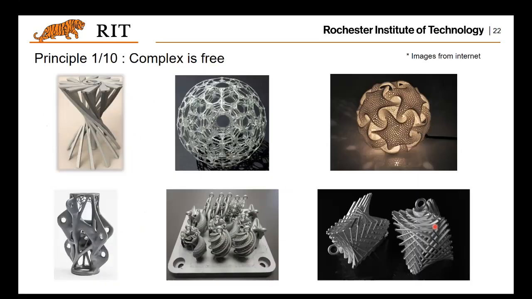As you can see, these applications of additive manufacturing produce highly complex geometry that using conventional manufacturing becomes impossible. So only additive could produce these kinds of geometries. So in that sense, complexity becomes free for additive manufacturing.